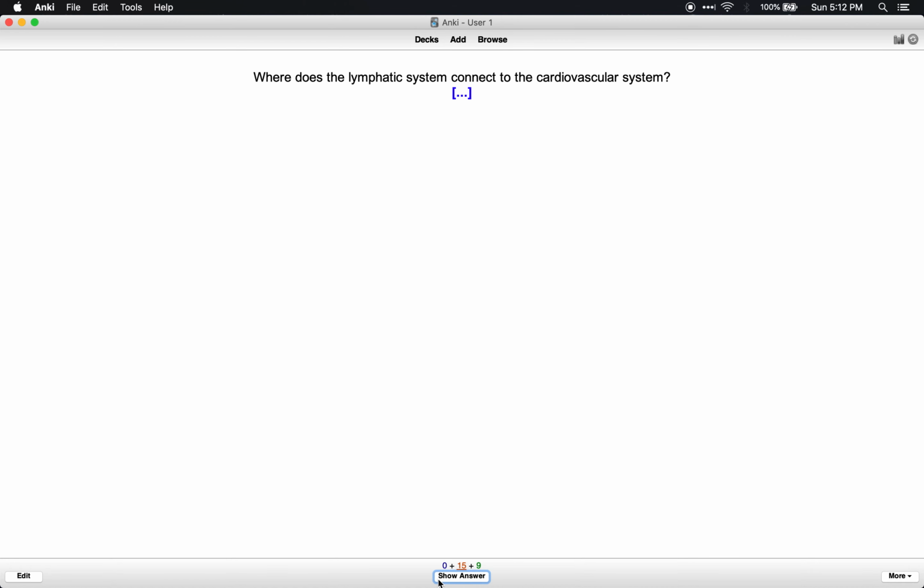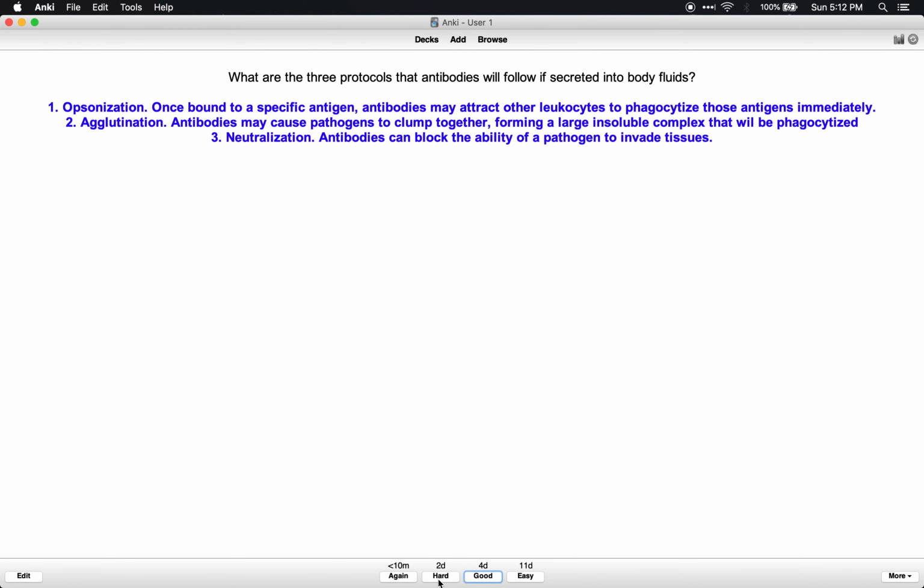The lymphatic system connects to the cardiovascular system at the thoracic duct in the posterior chest, where antibodies will follow three protocols: opsonization, agglutination, and neutralization.